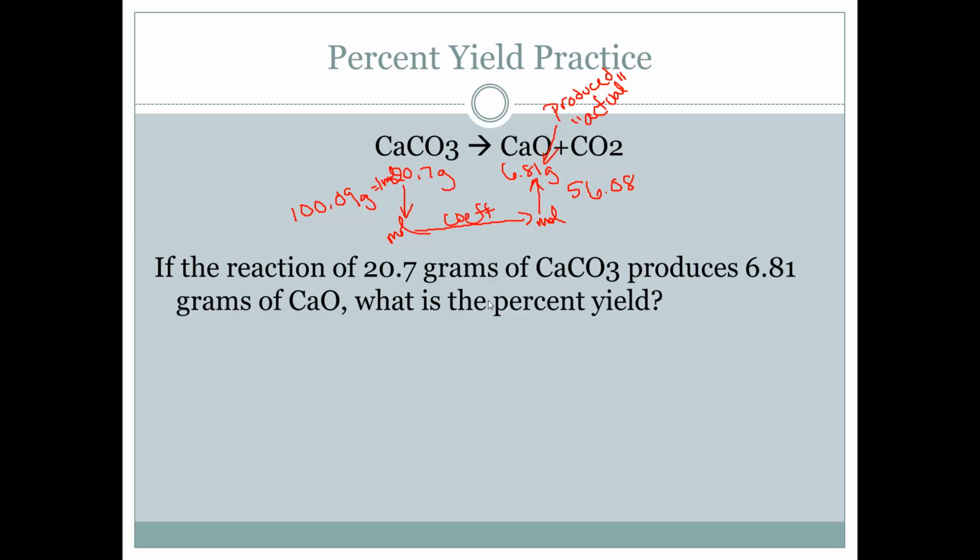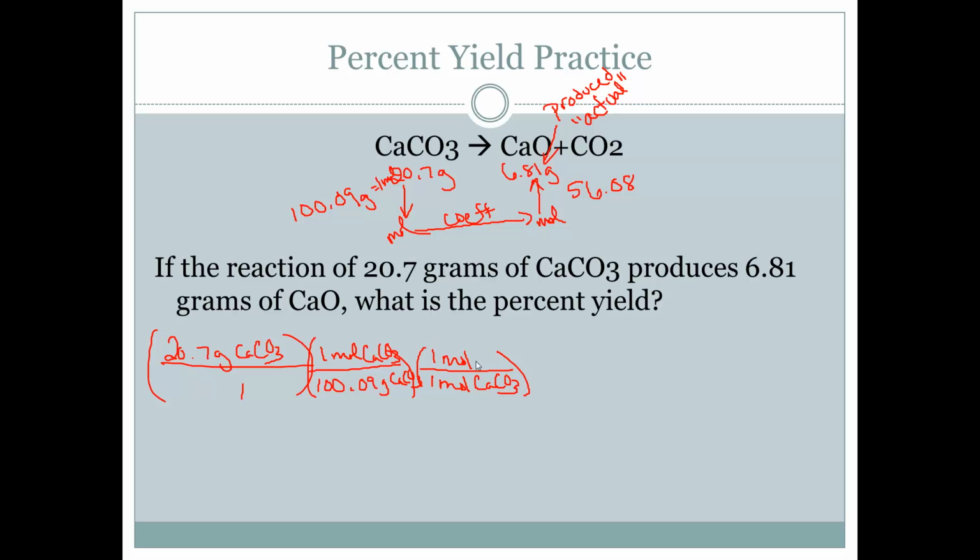So 20.7 grams of CaCO3, we need to convert it to moles first, 100.09 grams. Now we can use our conversion or coefficients for every 1 mole of CaCO3 that's produced, we can make 1 mole of CaO. And now we're going to get it to grams.